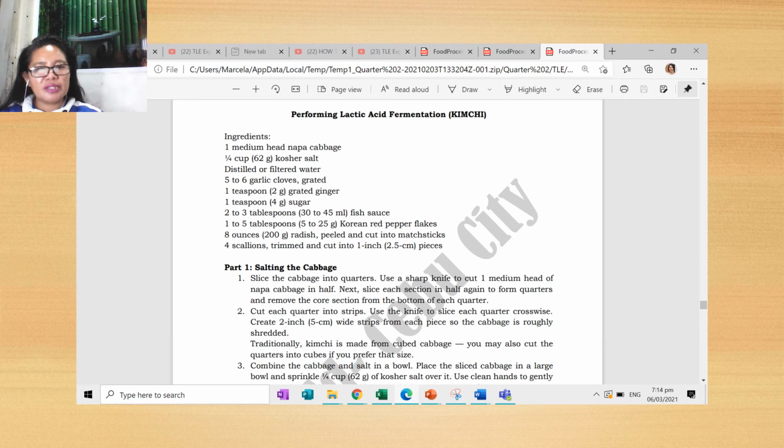Combine the cabbage and salt in a bowl. Place the sliced cabbage in a large bowl and sprinkle 1/4 cup or 62 grams of kosher salt over it. Use clean hands to gently mix it.